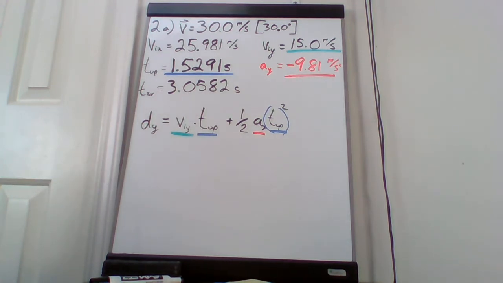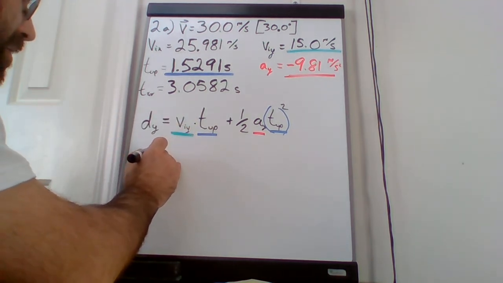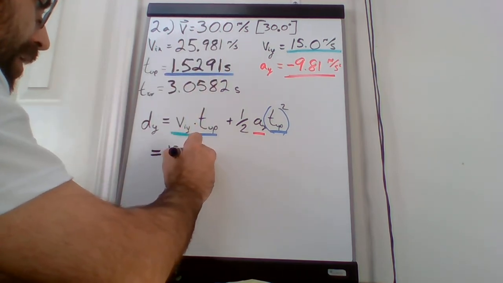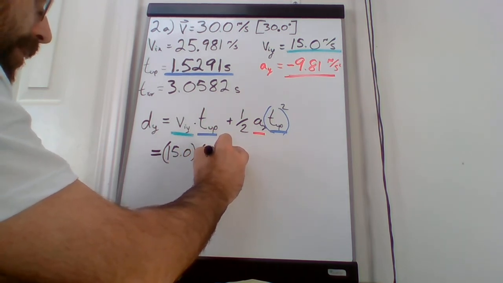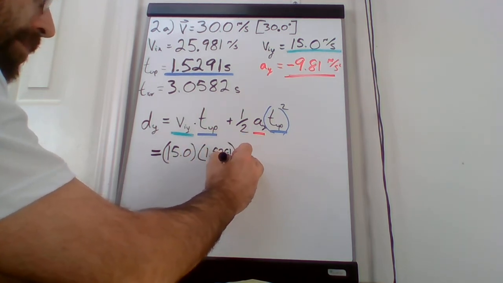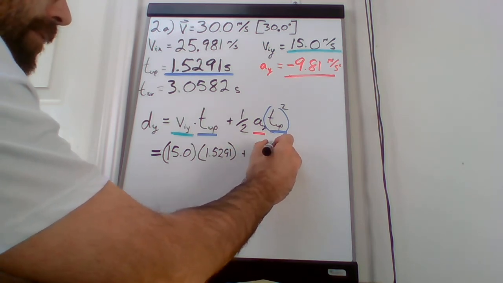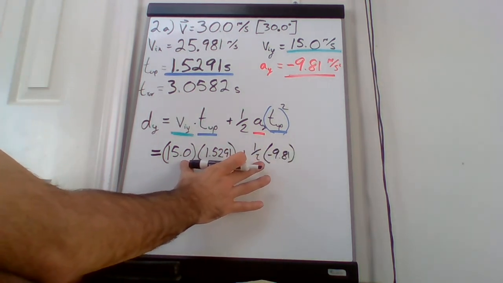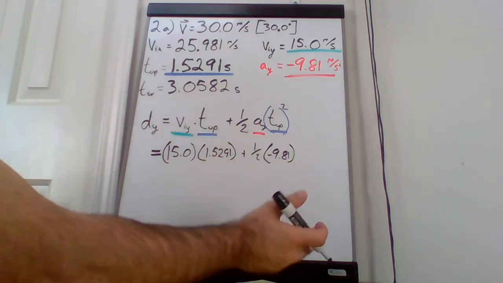Okay, so what I'm going to have here is my dy, my displacement in the y direction, is going to be that 15.0 multiplied by that 1.5291 plus 1/2 times the negative 9.81. Remember, these are in opposite direction. Our velocity initial was in the upwards direction, our gravity's in the downwards.